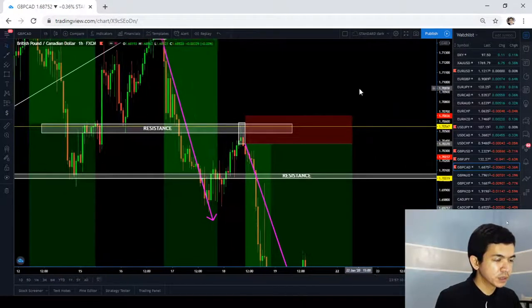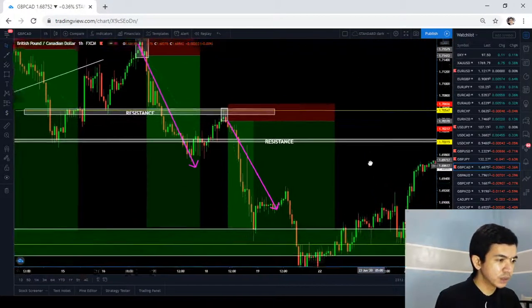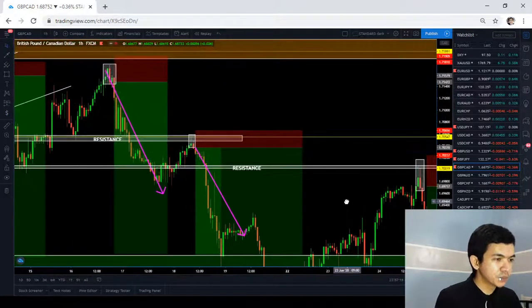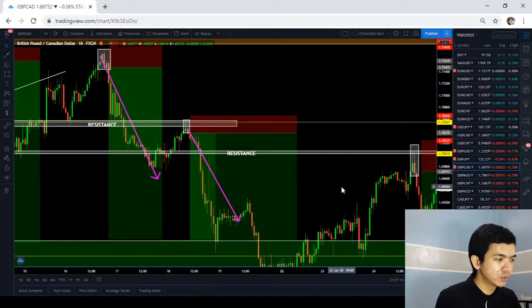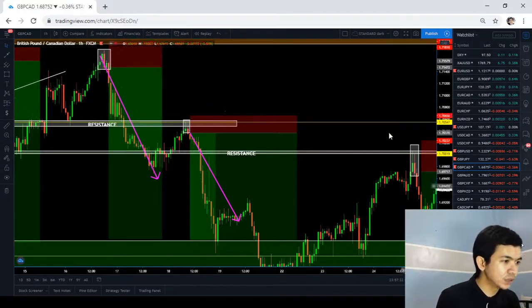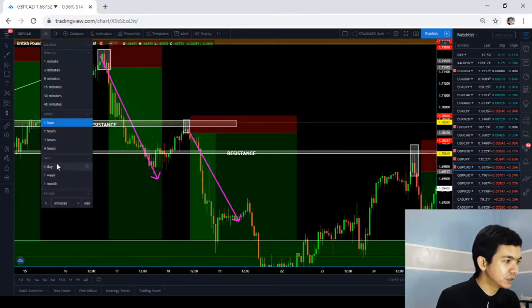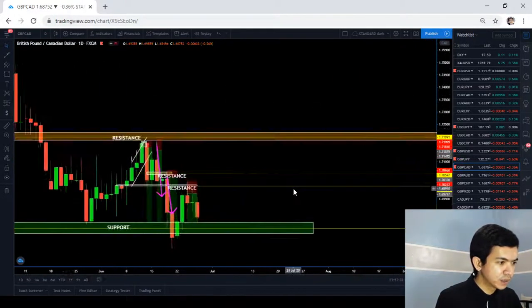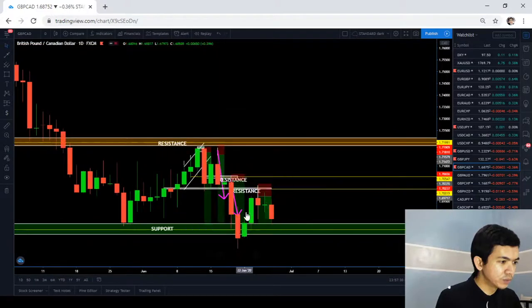Alright? And then what? Repeat the process over and over again until the market shifts its momentum on a higher time frame. Again, on a higher time frame. Hindi dito ha. Dito. Pag nag-shift na ng momentum on a higher time frame, you know where to exit.